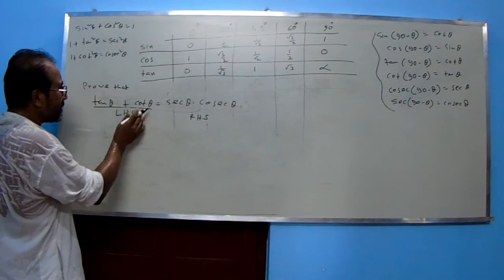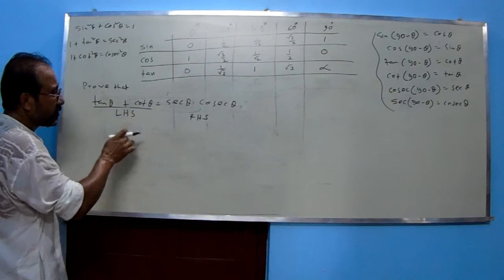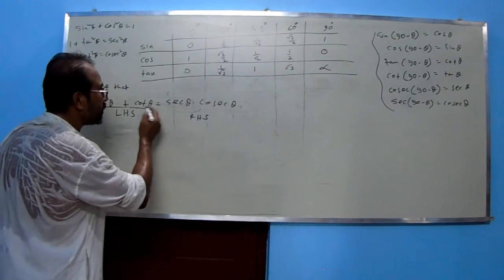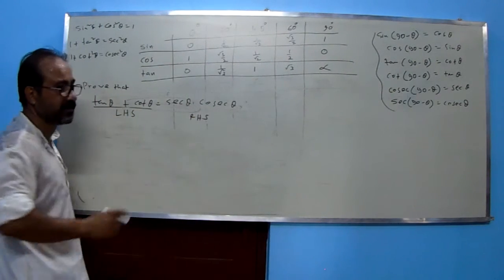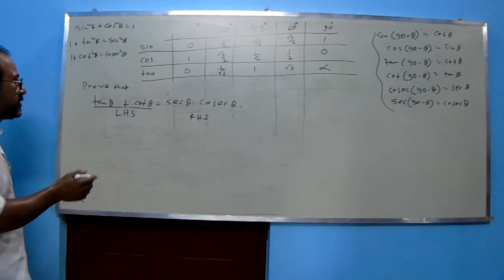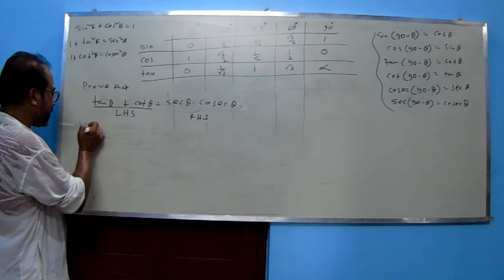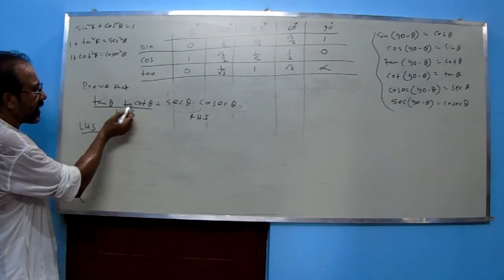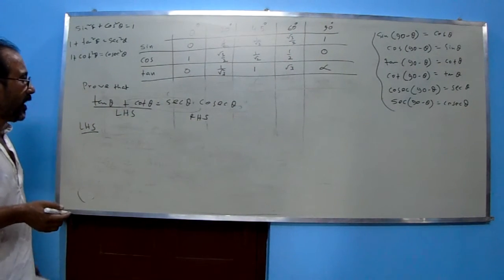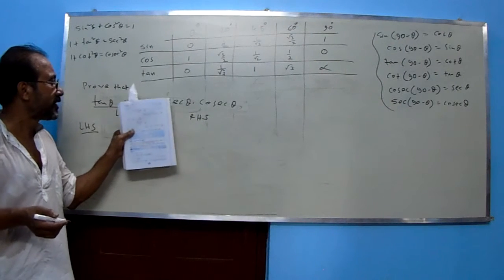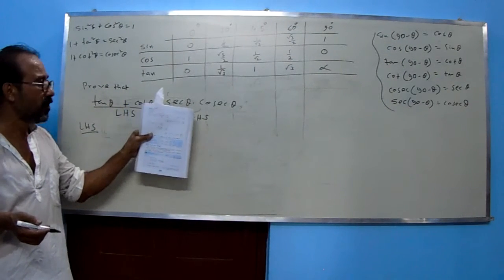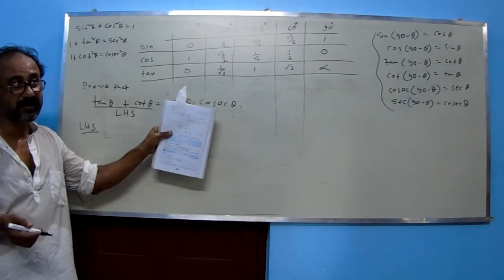This is tan, this is cot. You have to change this to sec theta into cosec theta. How? This is very easy. The LHS is tan theta plus cot theta, and here it is sec cosec. Sec is the reverse of cos, cosec is the reverse of sine.